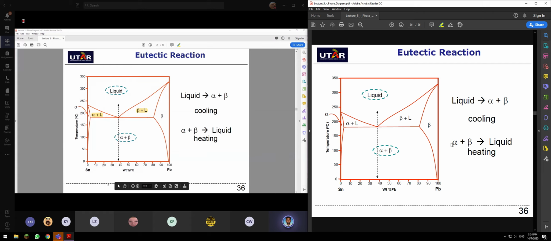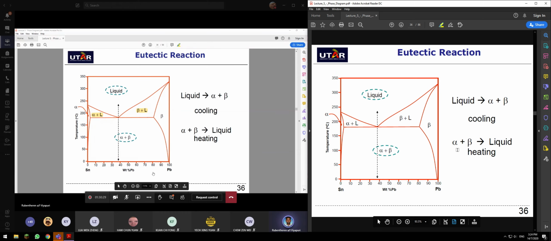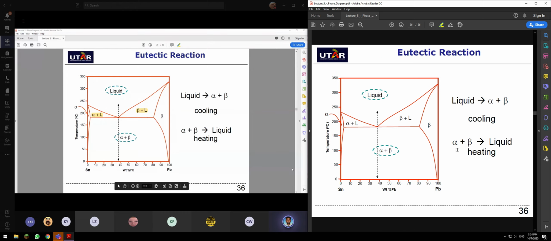R and S stand for, frankly speaking, I don't know what R and S are, because you can name it whatever you want, just a notation. Lever rule, maybe you can Google it. Let me see that. That's an interesting question. I never thought of what R and S are before.